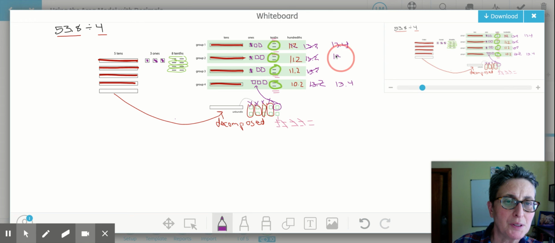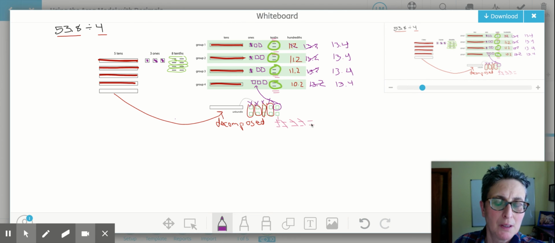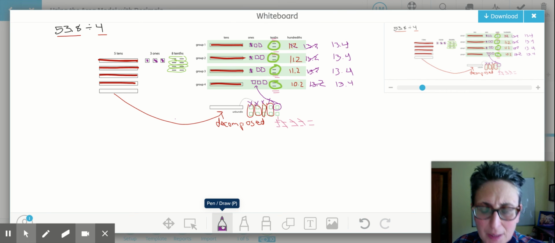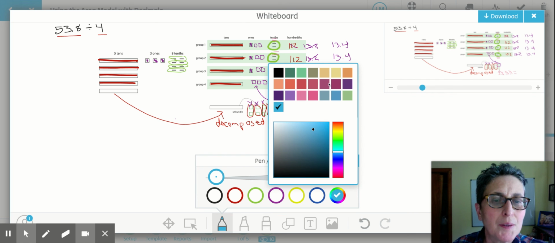I didn't want to have to write this 4 times, but of course I will. So now I've got these 2 tenths. I'm going to break them up again. I'm going to decompose them. I'm going to unbundle them. I need a different color.